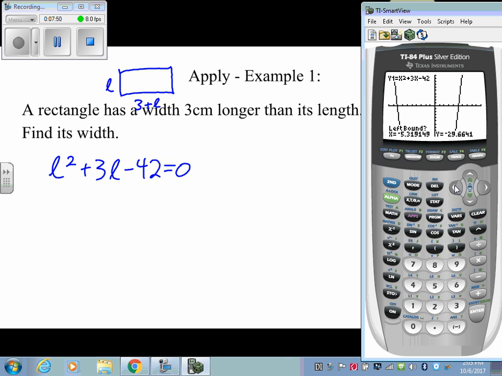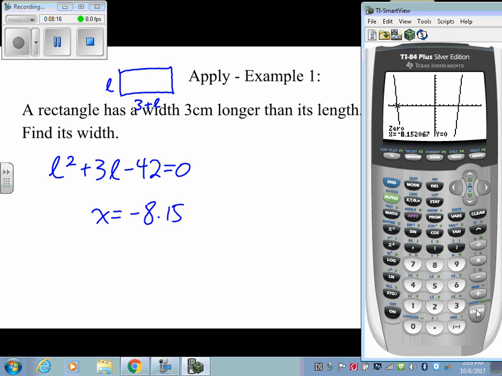I can see that it's about -8 where it's happening. So I went to the left, I hit enter. Now I scroll just a little bit to the right of that x-intercept. I hit enter again. I do a guess. I hit enter. And I end up with an x value of approximately x equals -8.15 if I rounded to 3 significant figures.